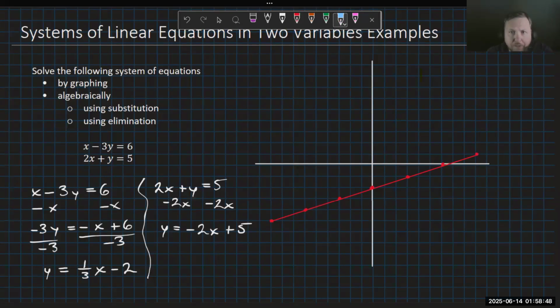So my y-intercept is positive 5. 1, 2, 3, 4, 5. And then my slope is -2. So I'm going to go down 2, right 1, down 2, right 1, down 2, right 1. Well, how about that? I already found where they meet.